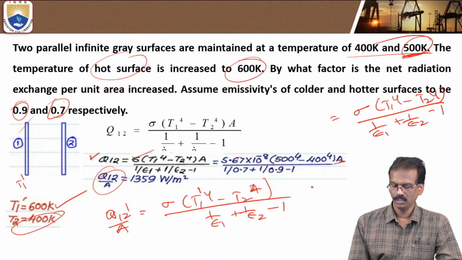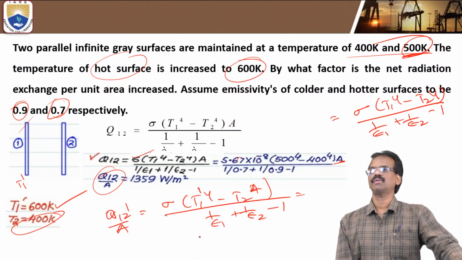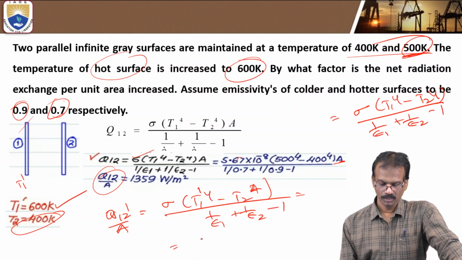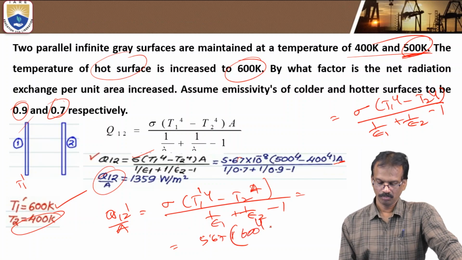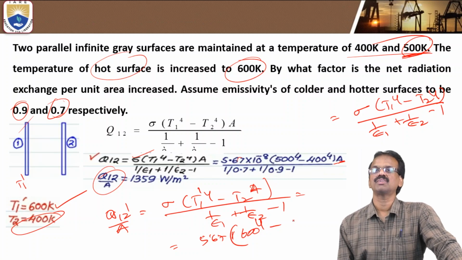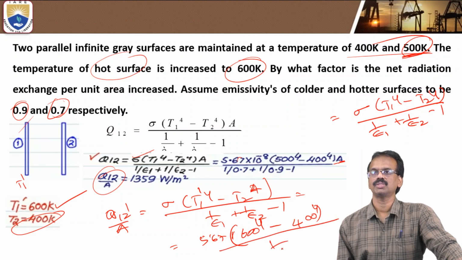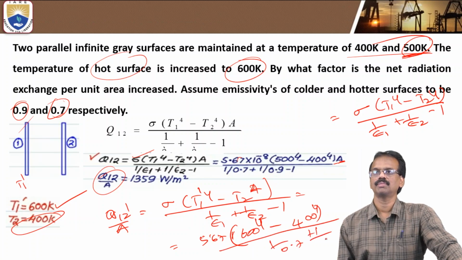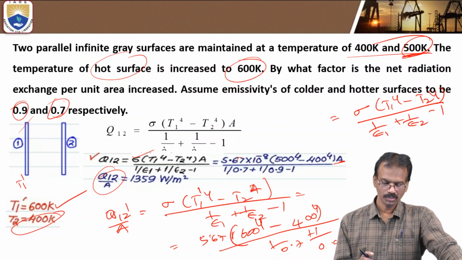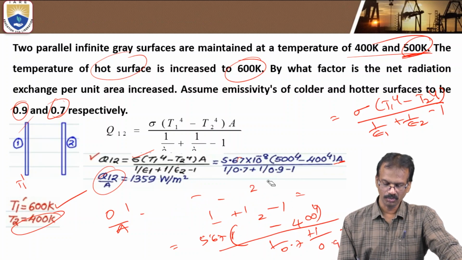Epsilons are the same. We know that the sigma value is equal to 5.67, into T1 equal to 600 power 4 minus T2 to the power of 4. What is T2? The same temperature, 400, to the power of 4, by 1 by 0.7 plus 1 by 0.9 minus 1. If you solve this one, we will get the values.